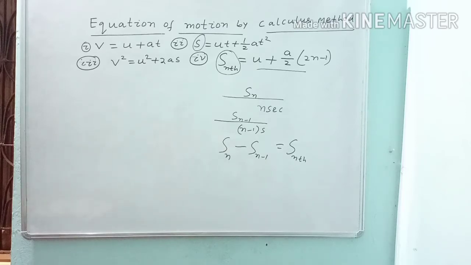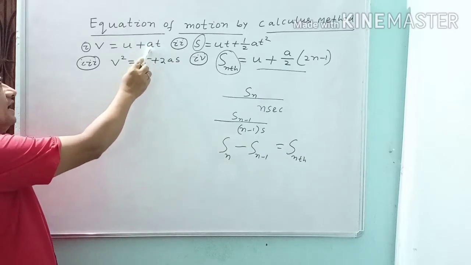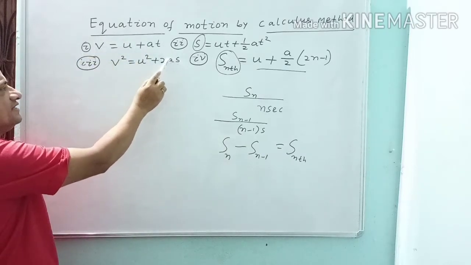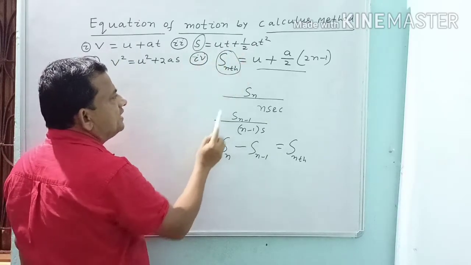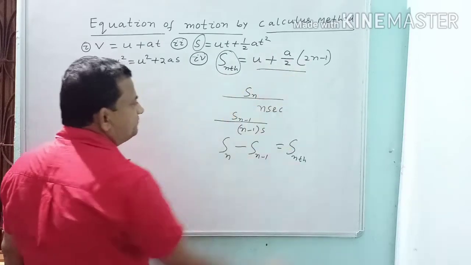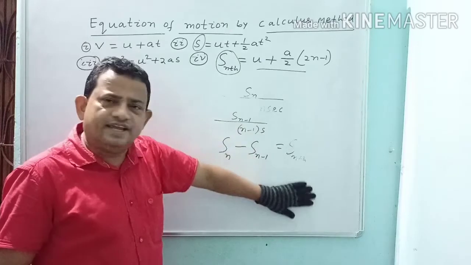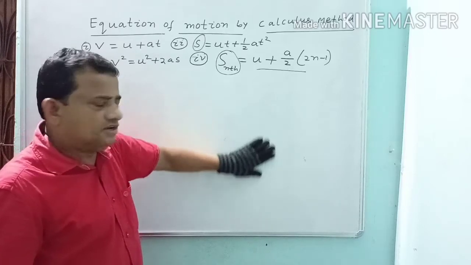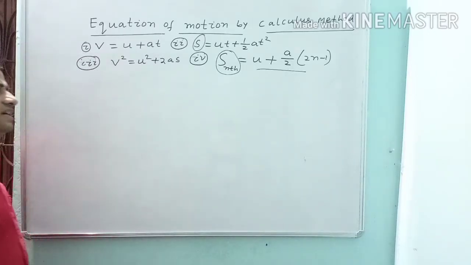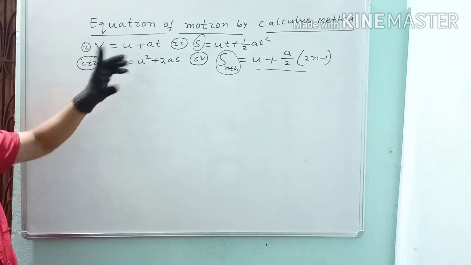And you see, in all these equations 4 terms are there, 4 quantities are there. Each equation involves 4 variables: time, initial velocity, constant acceleration, distance, and in some cases also final velocity, like that.